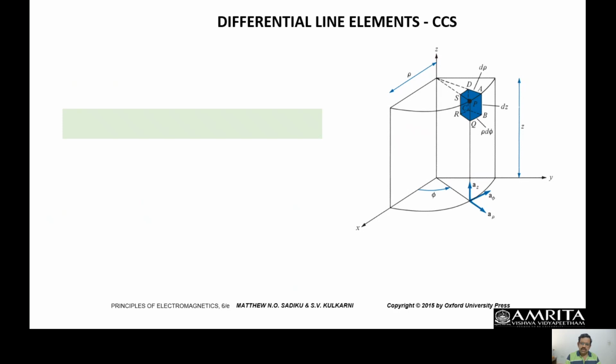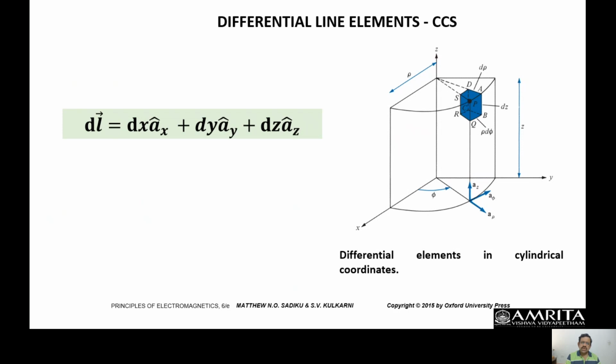To get the differential line element, or infinitesimal line element, in the cylindrical coordinate system, first of all I want to write what is there in the Cartesian coordinate system and then go from there. The one thing you must realize here is that in the Cartesian coordinate system all the parameters are linear, therefore you can write it like this: dx, dy, dz.